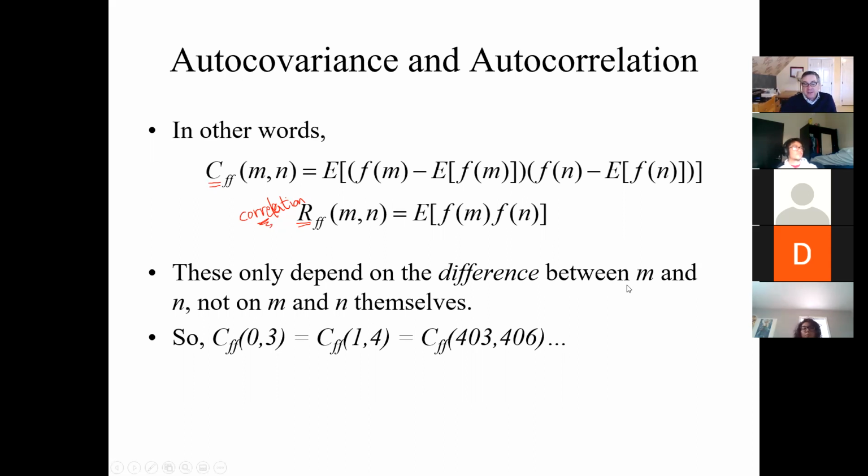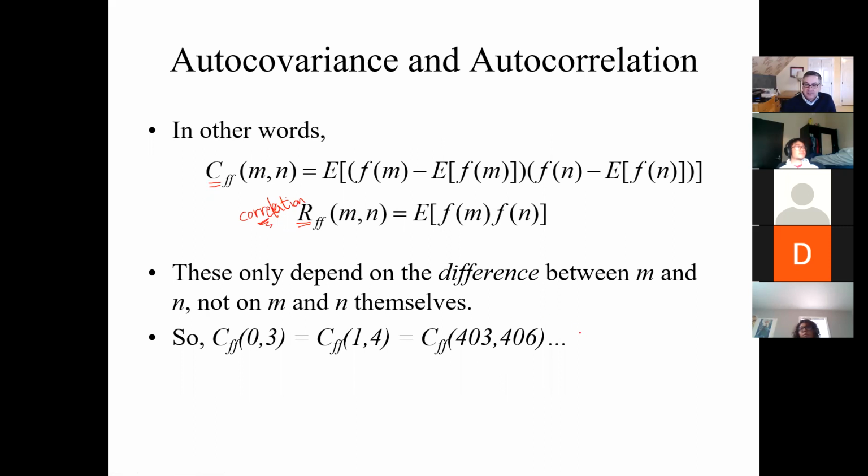So what we're saying is these only depend on the difference between M and N and not on specifically what M and N are. So CFF between 0 and 3 is equal to CFF between 1 and 4 is equal to CFF between 403 and 406.